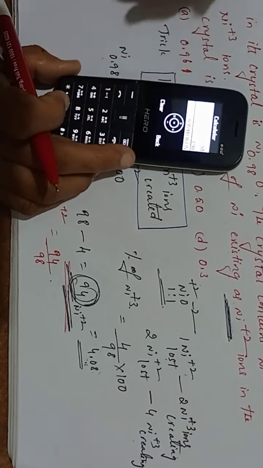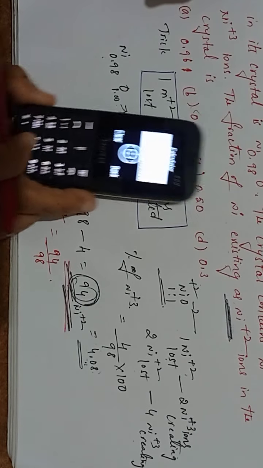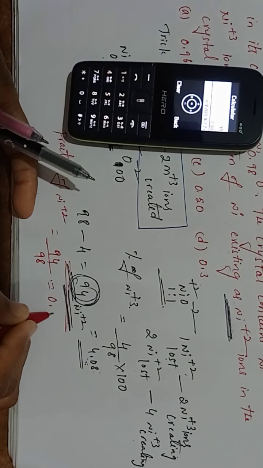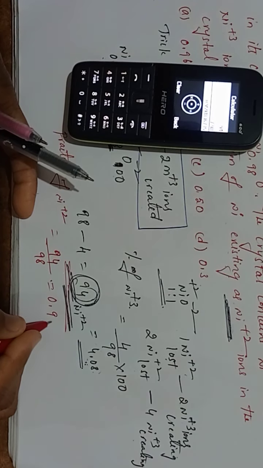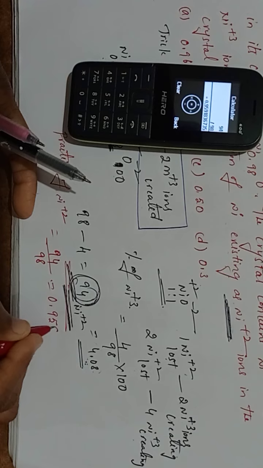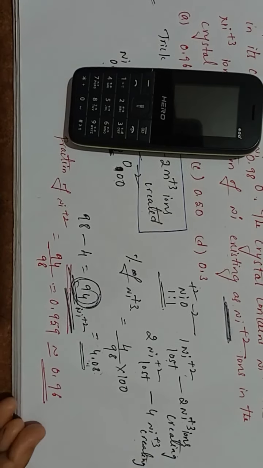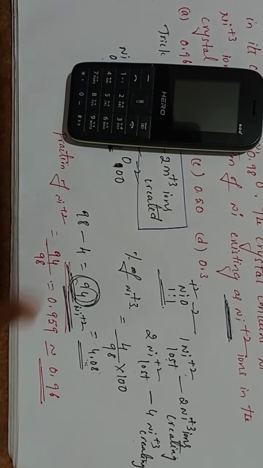How much, students? 0.959. This is approximately equal to 0.96. Clear this, students? This is the fraction of Ni+2.